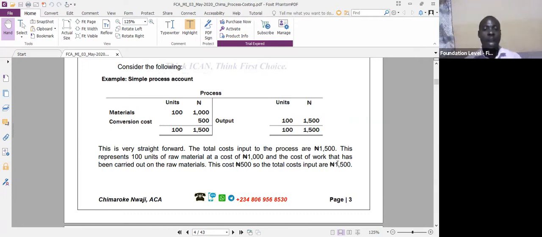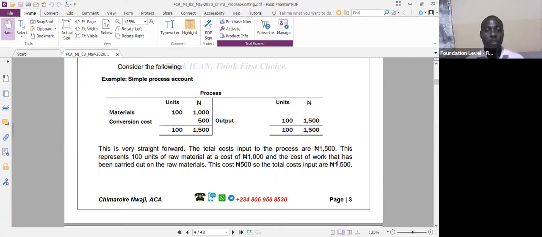Materials have units and naira, an amount, that's value. The output also has units and value. That is why we are separating materials from conversion costs, so that we can examine whether the quantity of material we had at the start is also the same quantity we will have at the end.